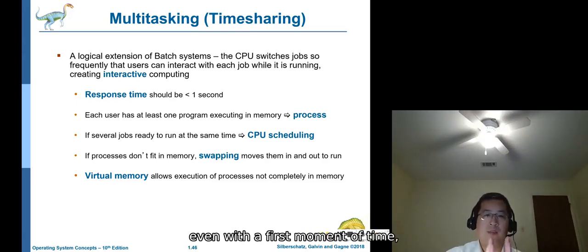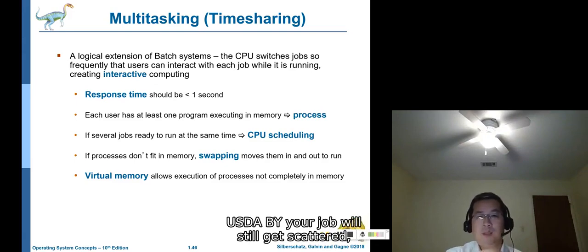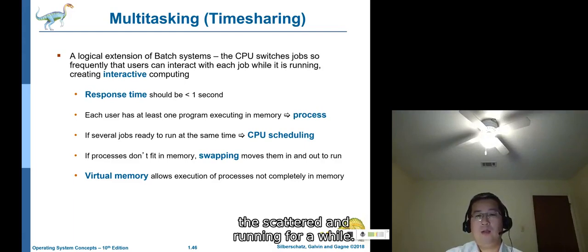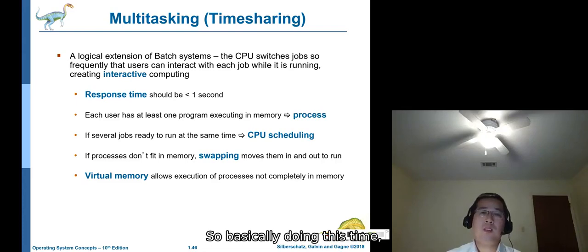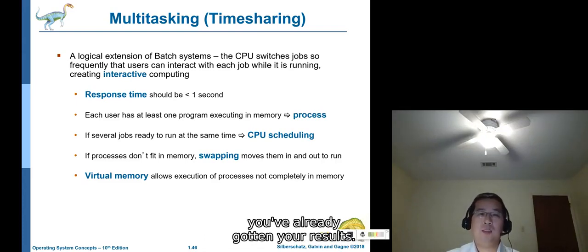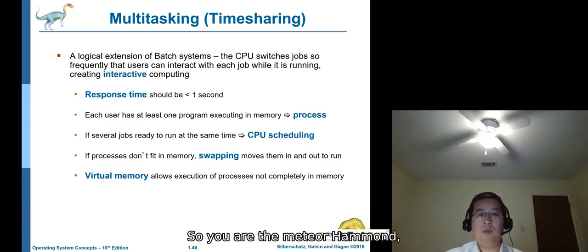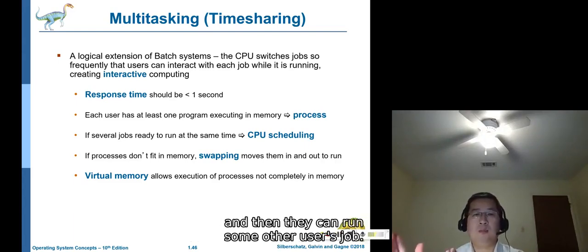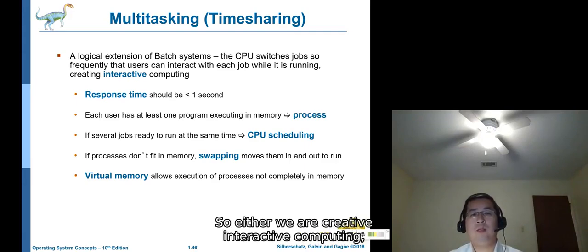Even within a very small amount of time, your job will still get scheduled and run for a while, and then the next one for another job. So basically during this time you already get your results because CPU is quick, right? So you already meet your requirement, and then they can run some other user's job. So it will create interactive computing.